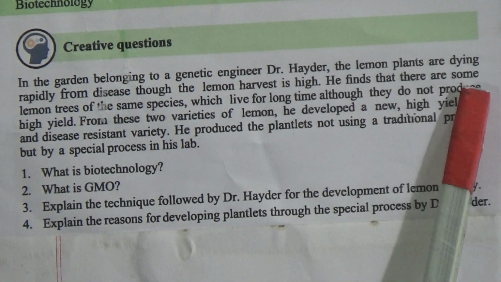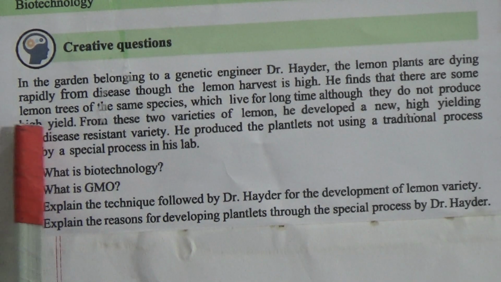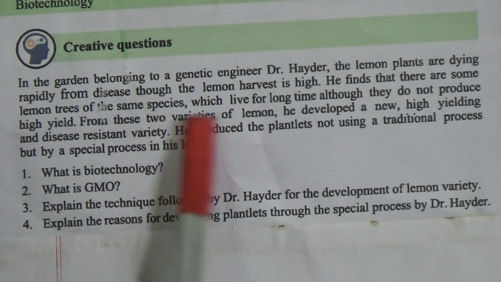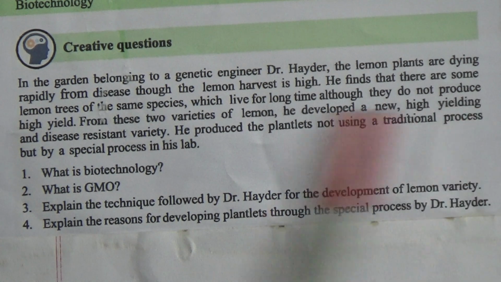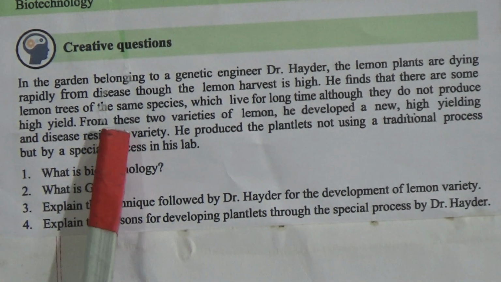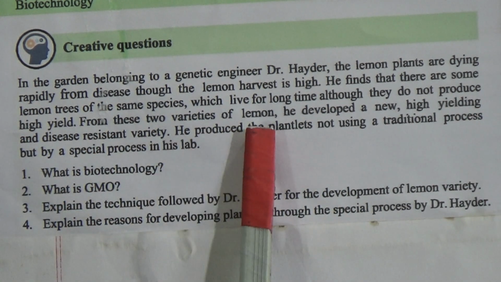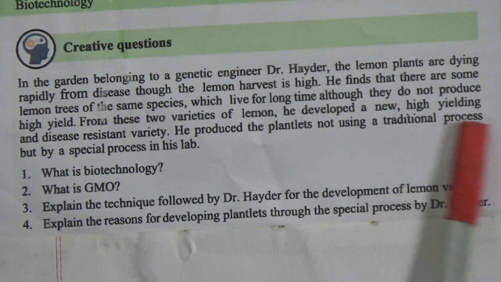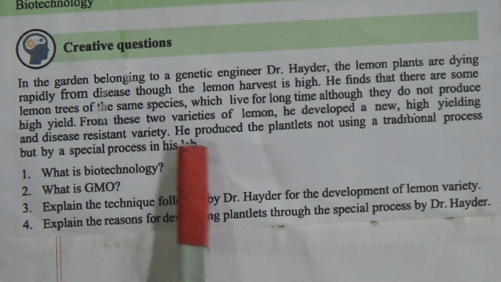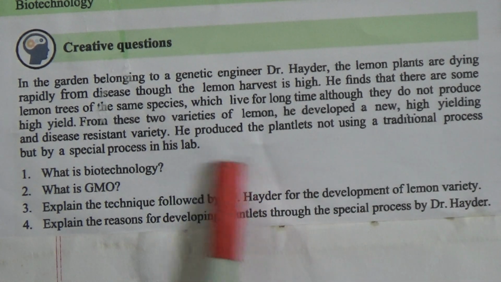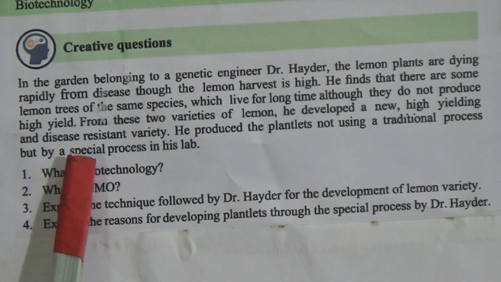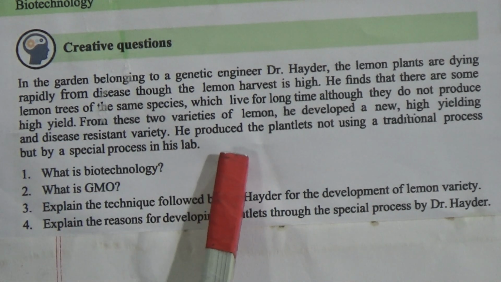He finds that there are some lemon trees of the same species which live for a long time, although they do not produce high yield. From these two varieties of lemon, he developed a new high yielding and disease resistant variety. He produced the plantlets not using the traditional process but by a special process in his lab.